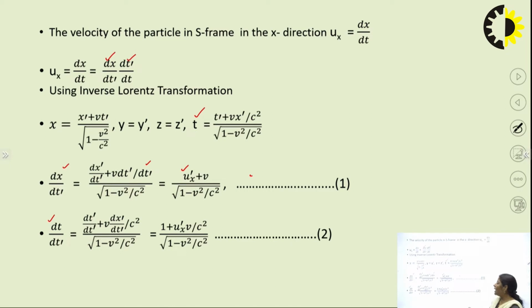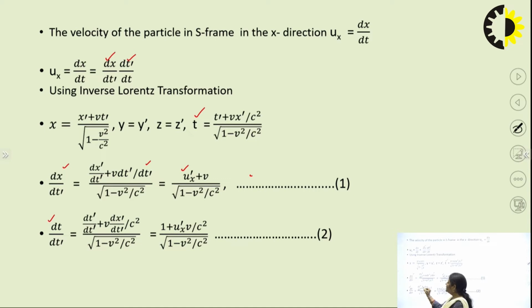We start differentiating this whole part with respect to t dash. So we have dt dash by dt dash here plus v, and this is dx dash by dt dash and then upon c square, where nothing is going to happen to v, nothing is going to happen to c. The reason we have already discussed: c is the velocity of light, hence it is constant, and v is the constant velocity with which the frame S dash is moving. The same reason holds for the denominator, 1 minus v square by c square square root.